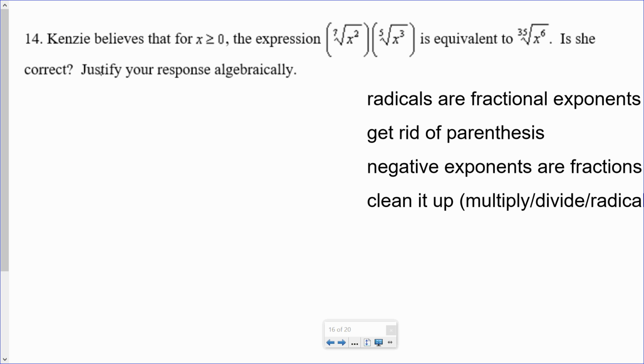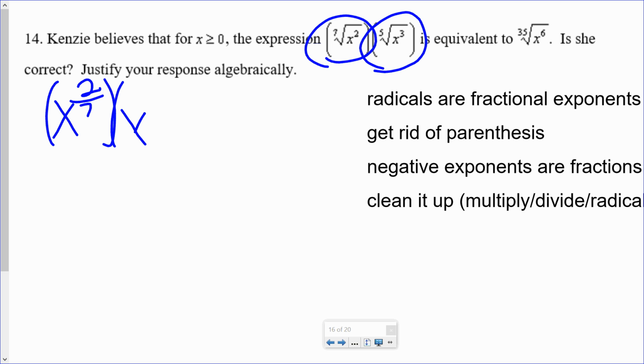Do I see radicals? Yes. So I'm going to rewrite this as a fractional exponent, power over the root. Again, a radical, power over the root. And I want to see if that's equal to power over the root.